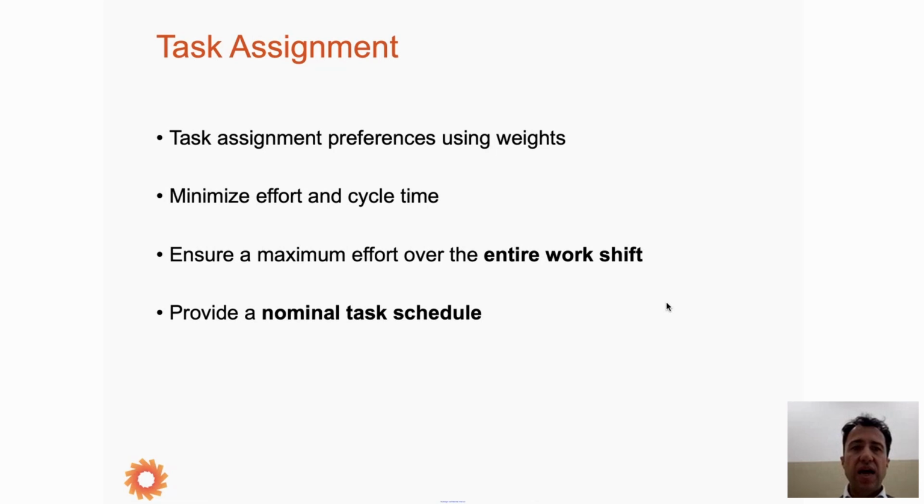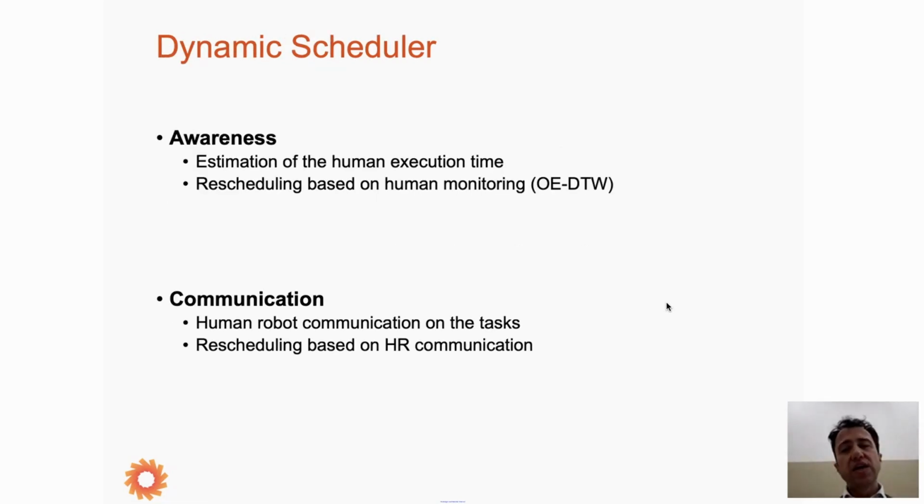It minimizes the effort and the cycle time, and it ensures a maximum effort over the entire work shift, and it provides a nominal schedule. And the dynamic scheduler introduces awareness in a human-robot collaboration cell, which is super dynamic. So given the awareness of how much time the human really takes for executing the task, it reschedules the activities in order to maximize the efficiency of the overall procedure while preserving a certain level of job quality.